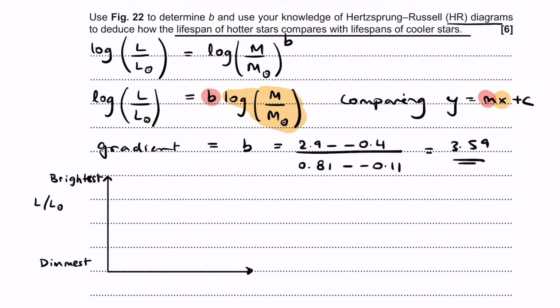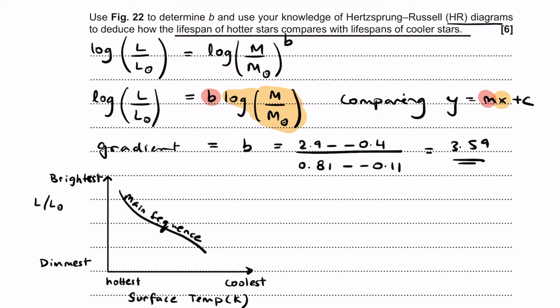And in terms of the x-axis, we have the surface temperature, and we have the hottest stars closer towards the origin. Okay, and the coolest stars are right here. So this is the surface temperature in kelvins. So it goes something like this, where you have the main sequence belt around like that. Okay, main sequence stars.